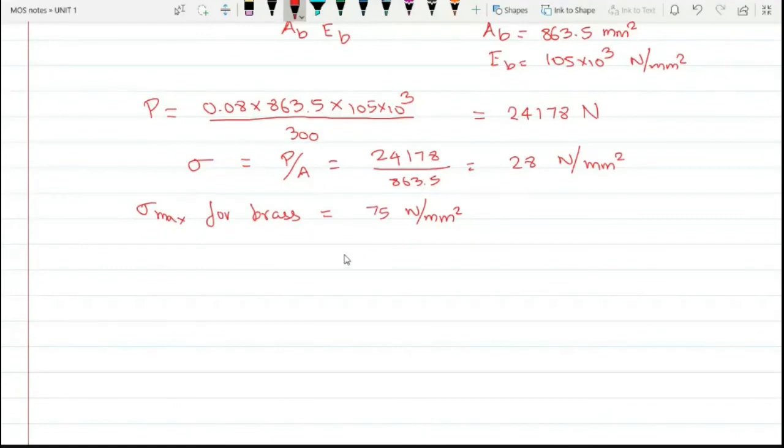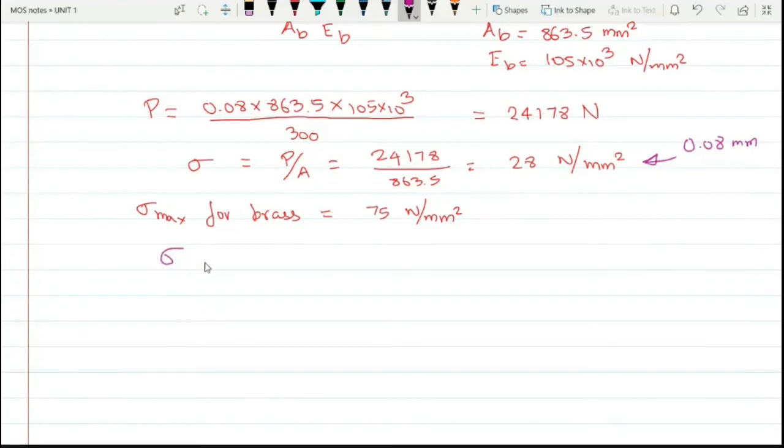Now, in this 75 Newton per mm square, for 0.08 mm deflection, it forms this much amount of stress. Maximum it can withstand only 75. So for a single material, you got 28. For composite material, what is the applicable stress value?